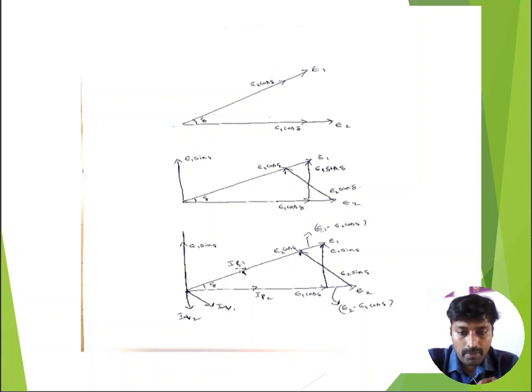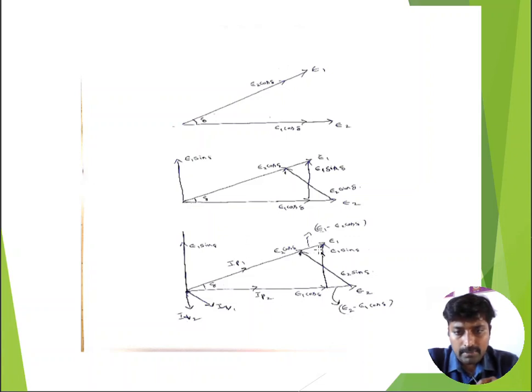The active component of current of phase 1 always lies in the bus E1, that is IP1 represented in the bus E1, and IP2 is represented in bus E2. The reactive current is always 90 degrees phase difference. IP1 is here, that's why 90 degrees difference IQ1. This is IP2, 90 degrees difference with IQ2.